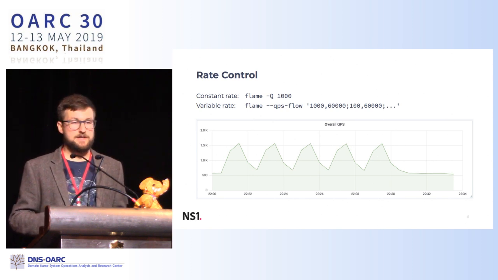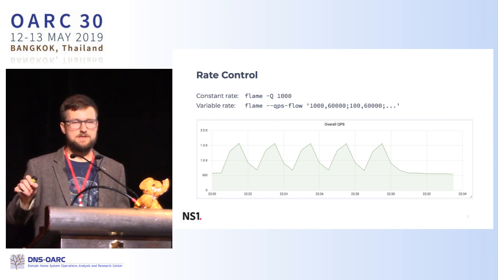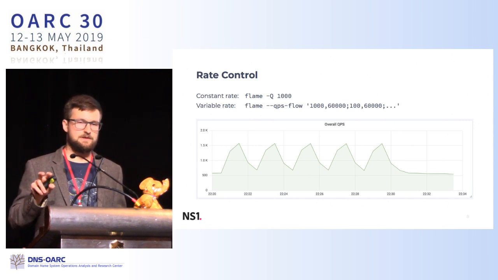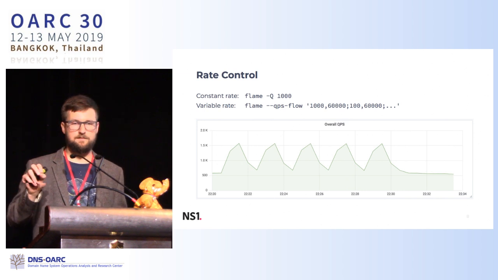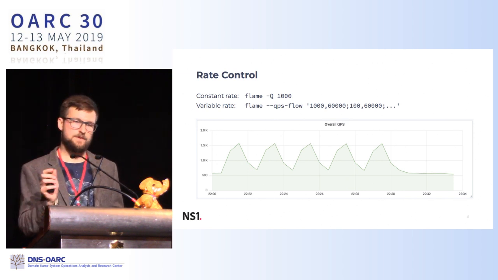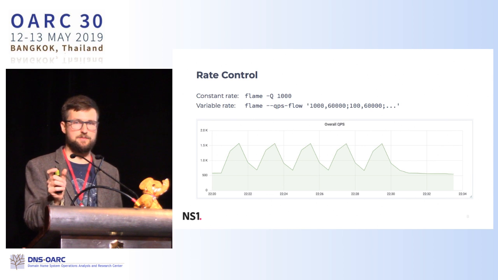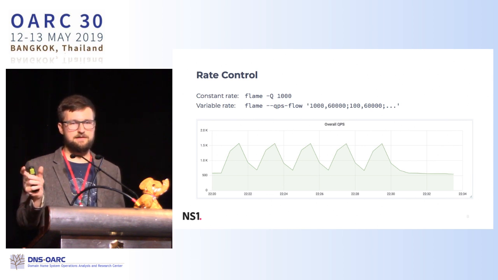And there are two options. There's either a static QPS for the whole run, that's the capital Q parameter, or you can specify a QPS flow. The QPS flow is a list of pairs, where there's always the desired QPS and the length of that time period in milliseconds.